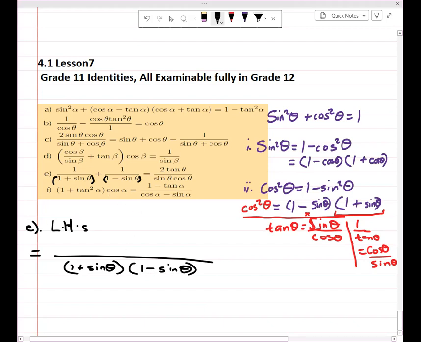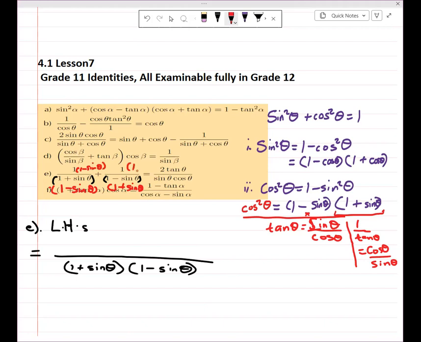So now, to have an LCD here, obviously the bracket that I'm going to multiply by here will be 1 minus sine theta, so that I have 1 plus sine theta, 1 minus sine theta. Then this side I'm going to multiply by 1 plus sine theta. So whatever you multiply with at the bottom, you multiply with at the top. So multiplied by 1 minus sine theta.